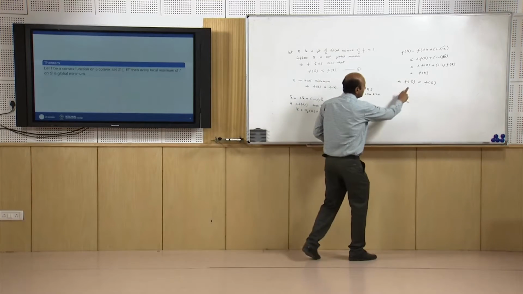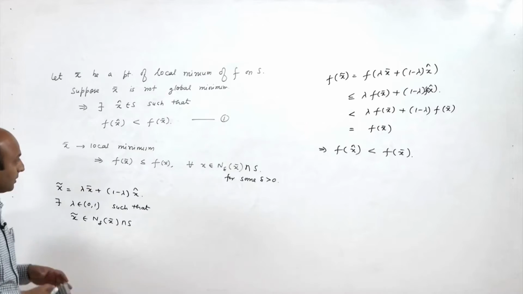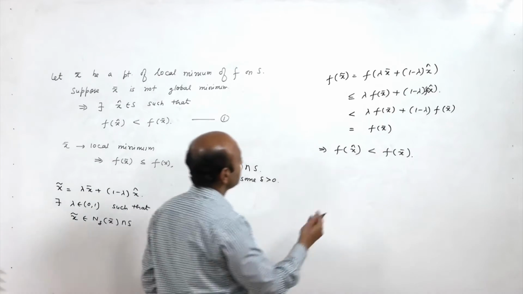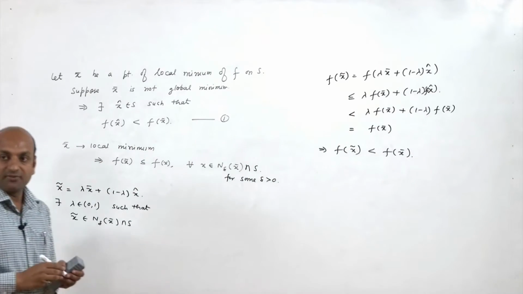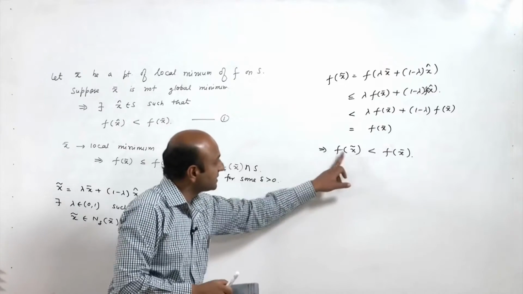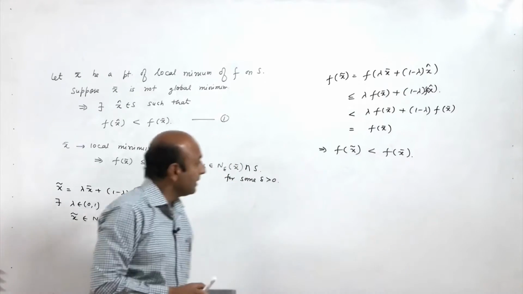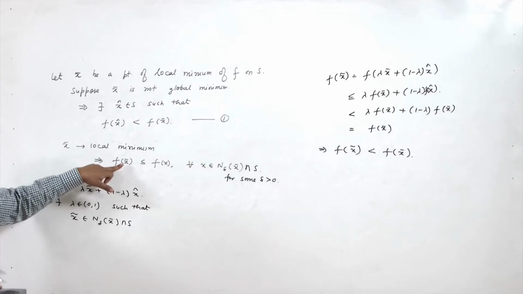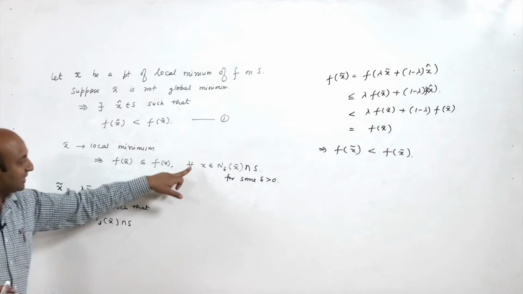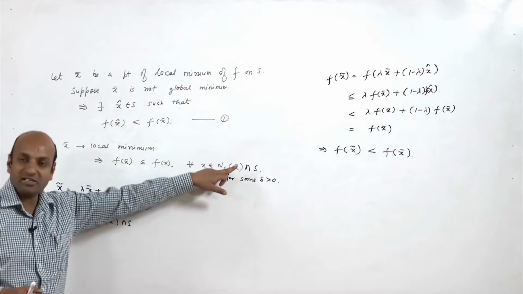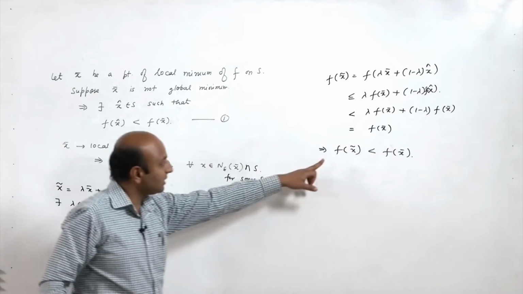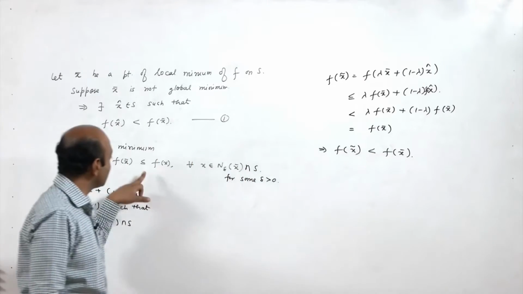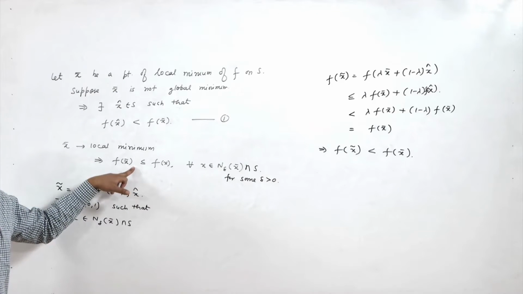Okay, this is x tilde. So this f(x tilde) is strictly less than f(x bar), but from this it must be less than or equal to f(x) for every x in delta neighborhood of x bar, and this x tilde is in the delta neighborhood such that this inequality should hold, which contradicts the definition of local minimum.